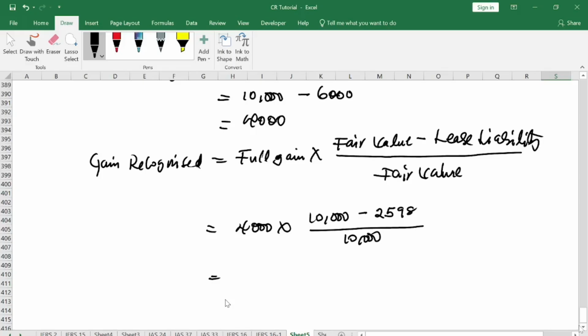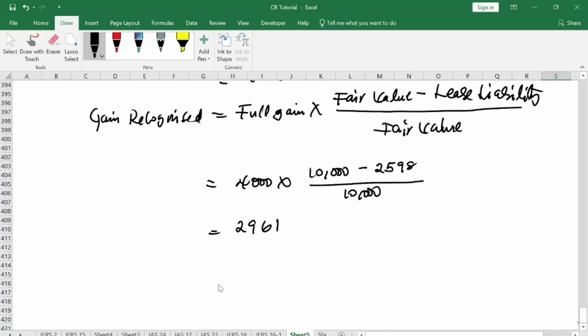You have 10,000 minus 2,598 divided by 10,000 times 4,000. Out of 4,000, you will get 2,006. This is what will be recognized in your books.